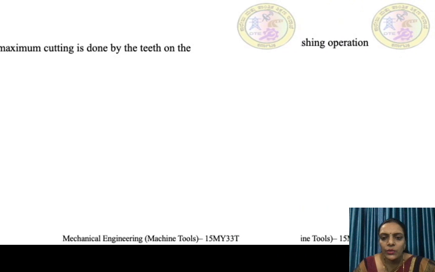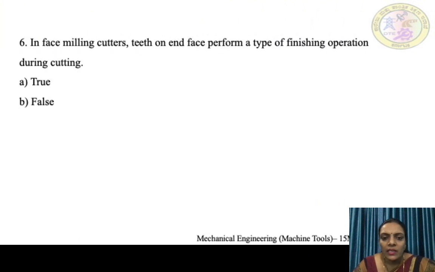Then the sixth question: in face milling cutters, teeth on the end face perform a type of finishing operation during cutting. Is this true or false? The teeth on the end face do the finishing operation.